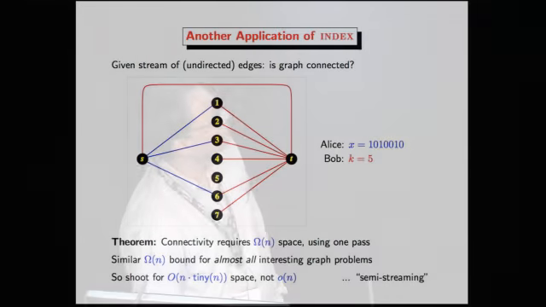You can do simple reductions like this, which show that almost all interesting graph problems basically require omega n space. So you can't really shoot for sublinear in n space, though of course you could shoot for an amount of space that's like n times some small function of n. And this is pretty much the realm of semi-streaming algorithms, which is a big topic of study. I suppose that triangle counting is one of those few exceptions where you can sometimes do something better, in space sublinear in the number of vertices.